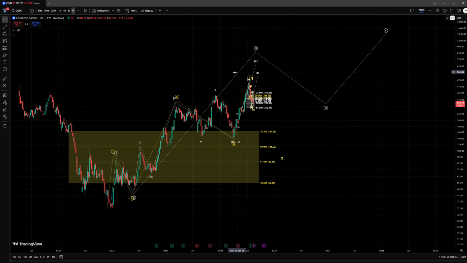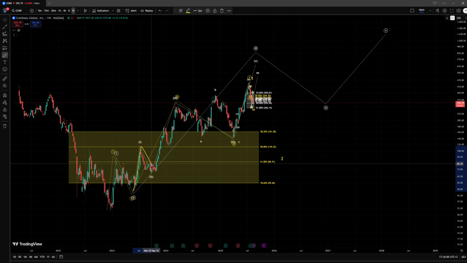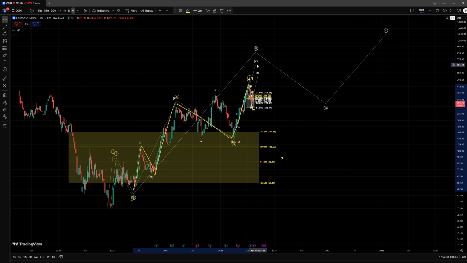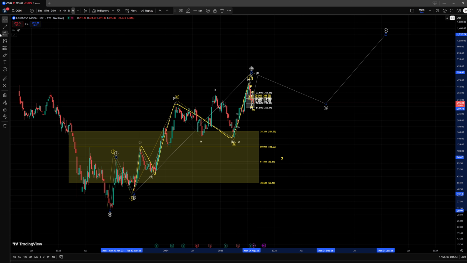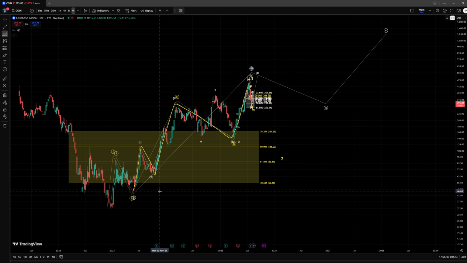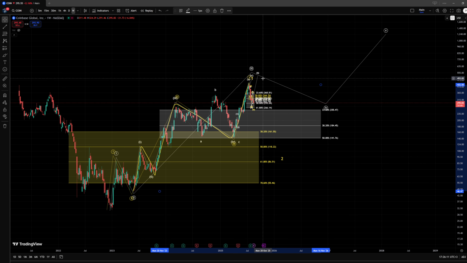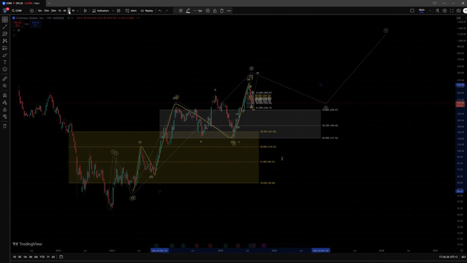We could say that, okay, this is a wave 1 up, wave 2 down, third wave up, fourth wave down, but then this fifth wave could have actually completed here, and then this third wave would be complete, and yes, we could still be looking for this retracement between $255.5 down to around the $141.8 level.